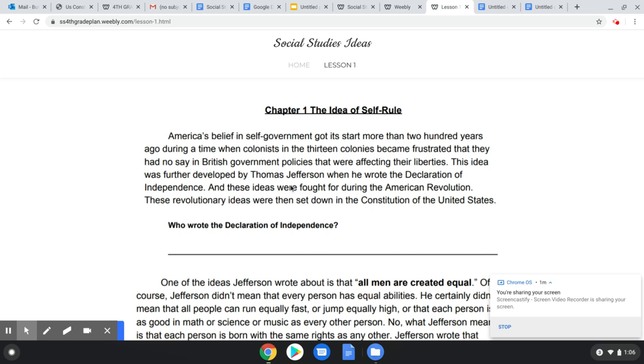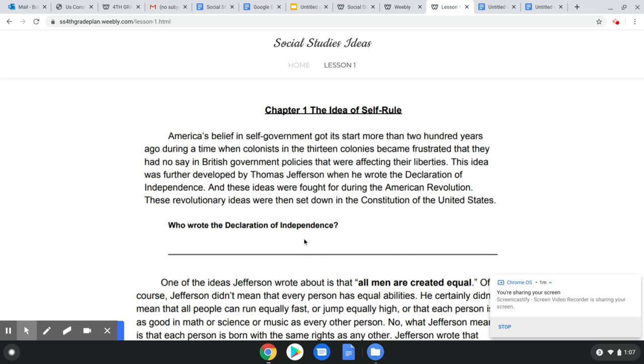This idea was further developed by Thomas Jefferson when he wrote the Declaration of Independence, and these ideas were fought for during the American Revolution. These revolutionary ideas were then set down in the Constitution of the United States. So that's going to be our next chapter, getting into learning about the Constitution.